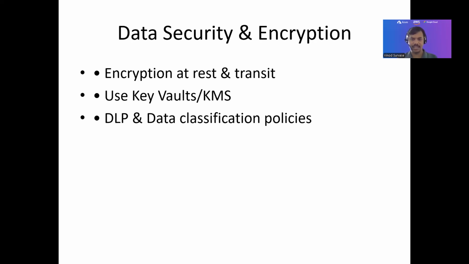Next is data security and encryption, right? Before moving to the next one, I wanted to give you one clarification here. All of these are the high level capabilities I have mentioned in this presentation, right? As I mentioned, each organization is different, unique, and follows different capabilities to perform their security assessments.